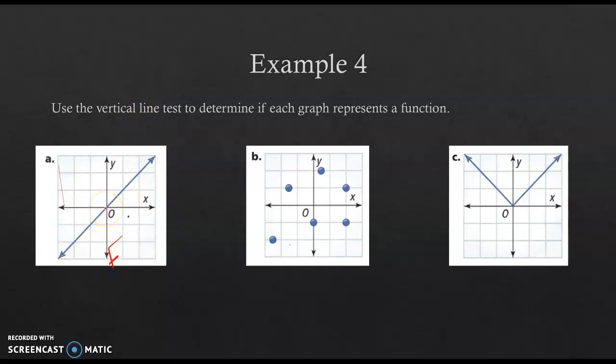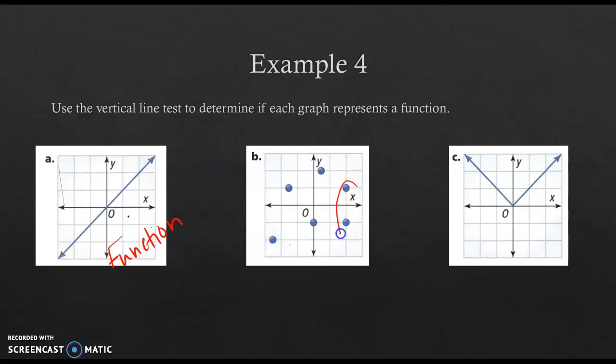When I draw a line, it crosses my graph in one place, and when I draw my new line, it crosses my graph in one place. And so this is a function, because for every x value, there is only one y value. Basically what I'm making sure is that for every x value, it's only one point.